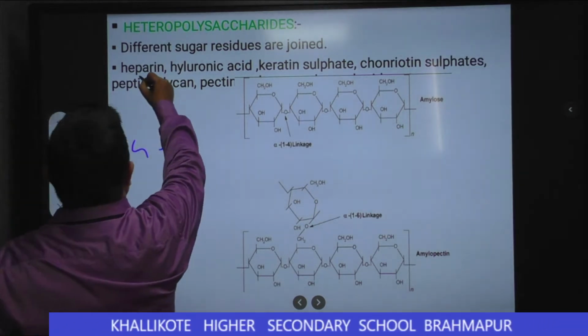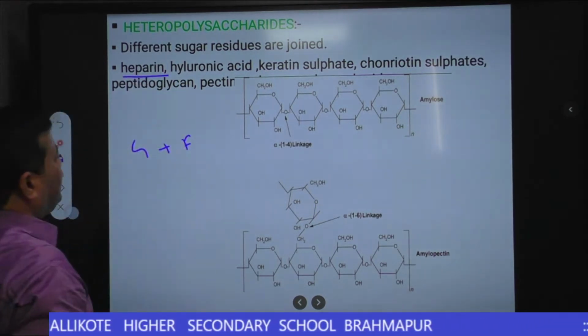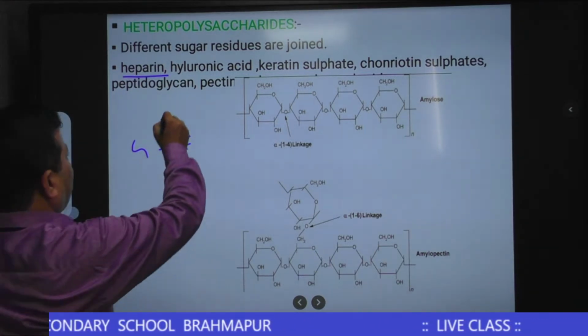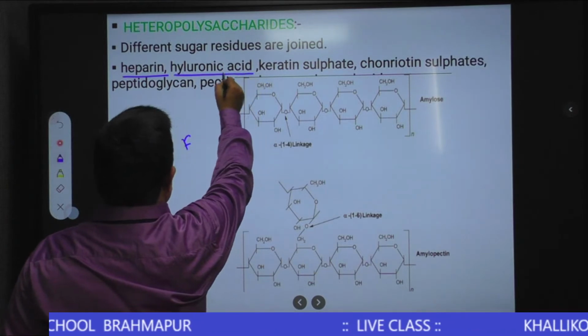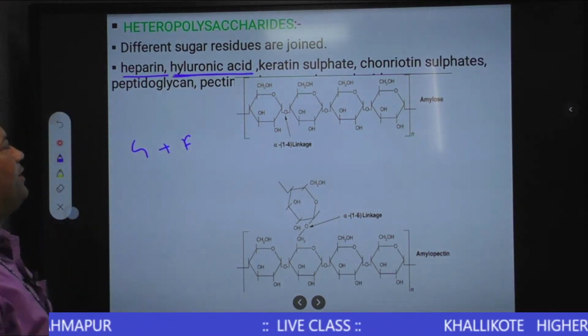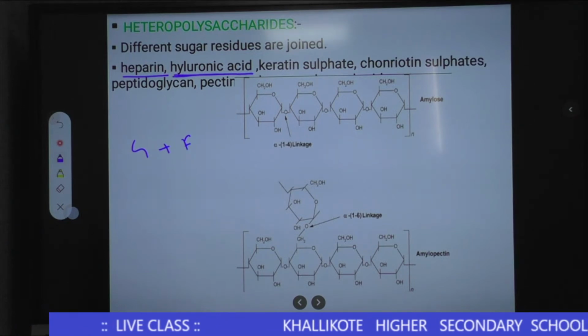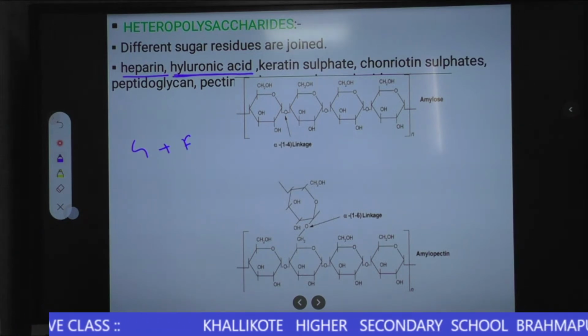Like heparin, we know heparin is an anticoagulant, that is also a heteropolysaccharide. Hyaluronic acid, found in different connective tissues, is made of different sugar residues.